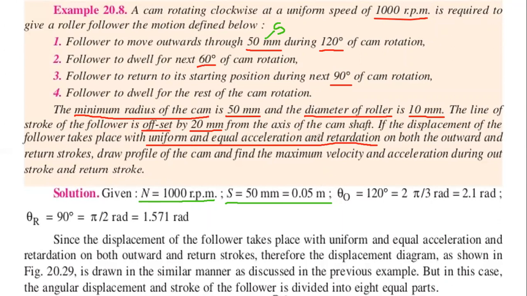Next, the angle for the outstroke, theta O, is given as 120 degrees. Converting it into radians, that is 2.1 radians. And the angle for the return stroke, theta R, is 90 degrees, which converted to radians is 1.571 radians.